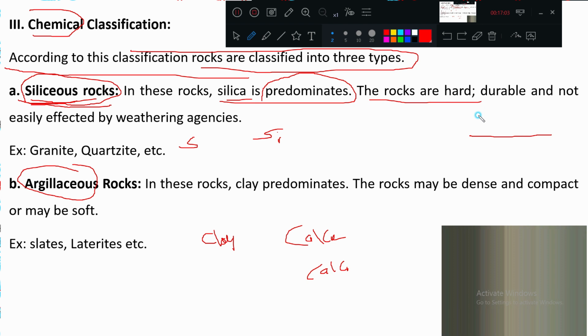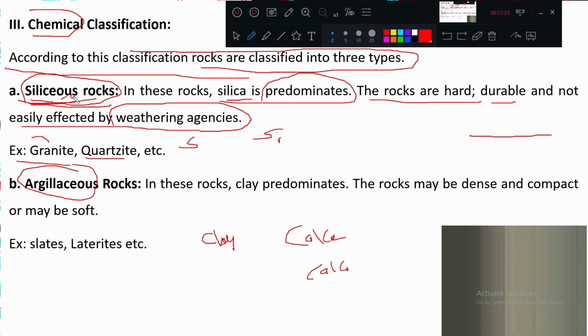These rocks are generally hard, durable, and not easily affected by weathering agencies, means rain, heat, wind. For this, examples are granite and quartzite.